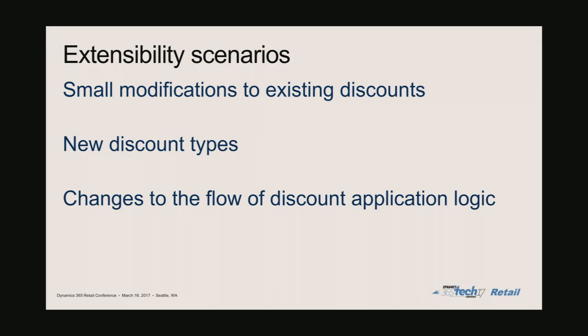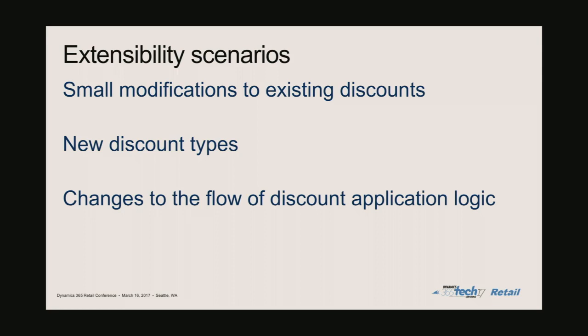The second one is I want to create a new discount type, right? One that I know now that someone's asked is after a threshold is reached, I want to give a discount on something else. So today, our threshold discounts, the qualify and discount are bound together on the line in the product category.